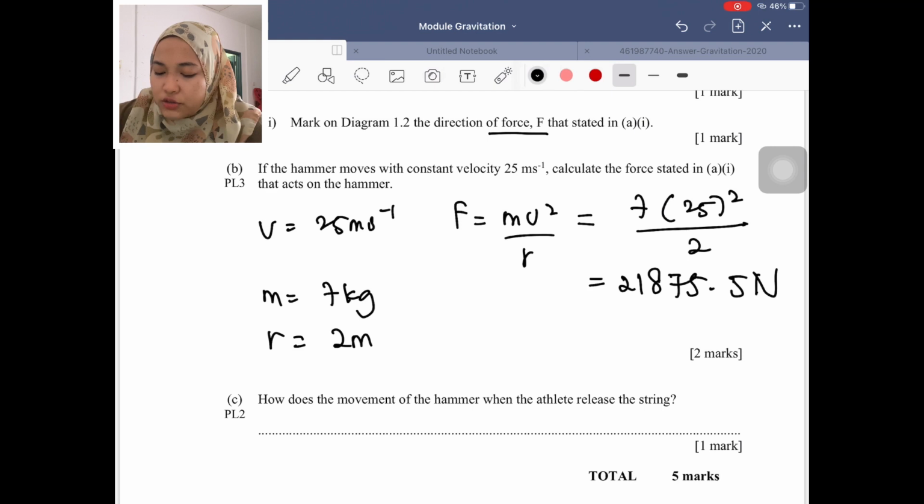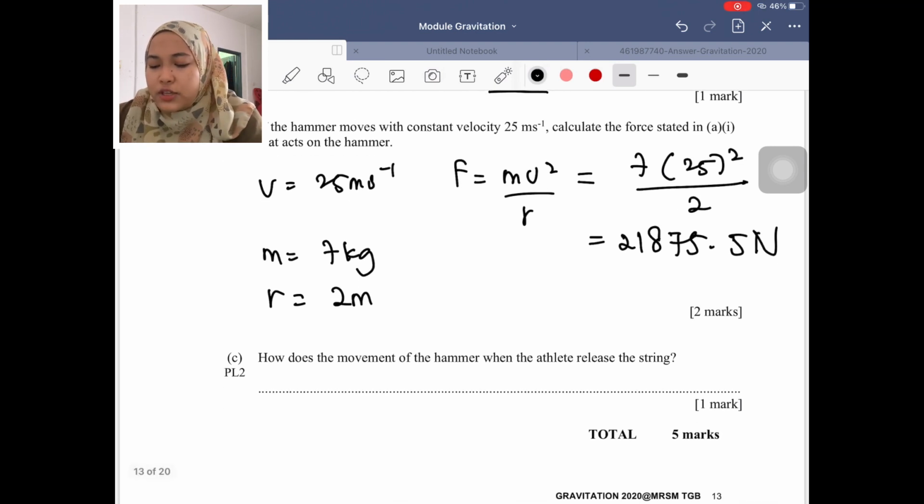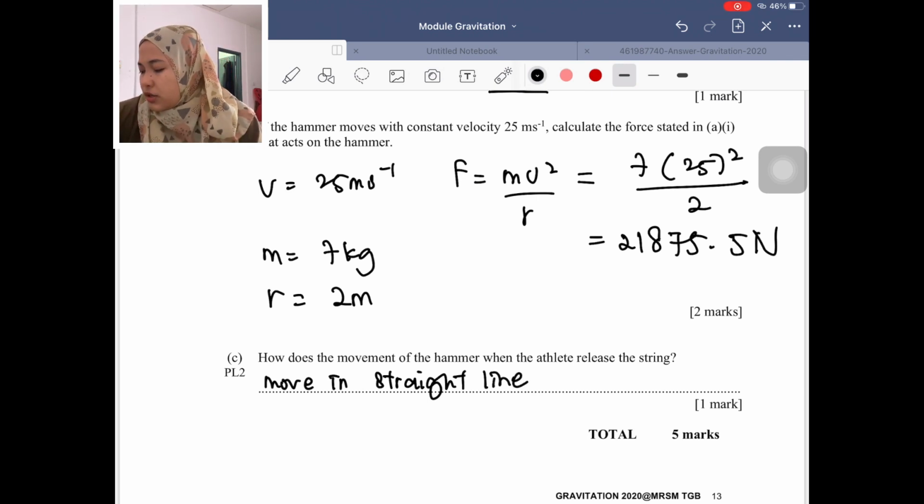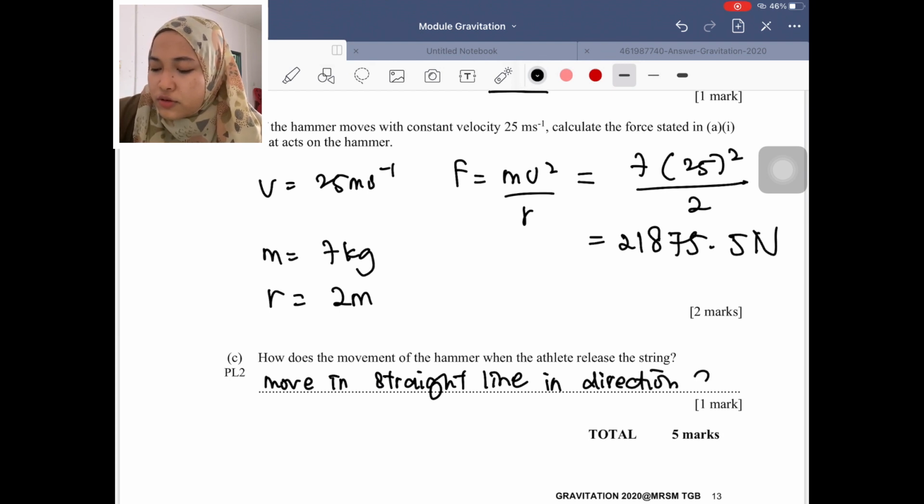Okay, so how does the movement of the hammer when the athlete release the string? Okay, so bila dia lepaskan string tu, macam mana movement of the hammer? Okay, so it move in straight line in direction of the tangent.